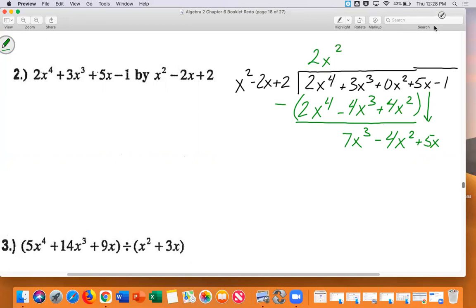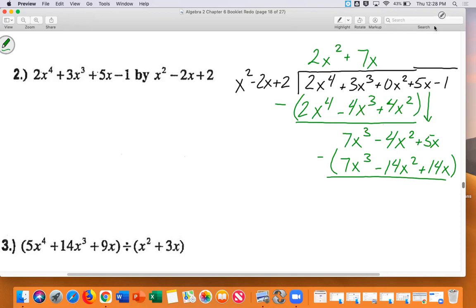Kaylin, what would I multiply x squared by to get 7x cubed? 7x. That's 7x cubed minus 14x squared plus 14x. We're subtracting, so 7x cubed minus 7x cubed, they cancel.